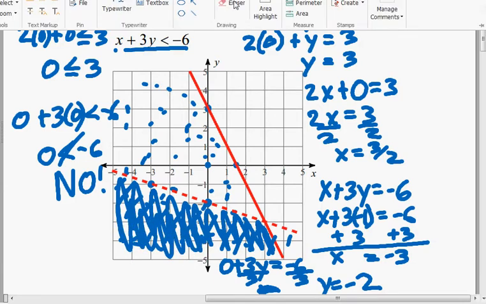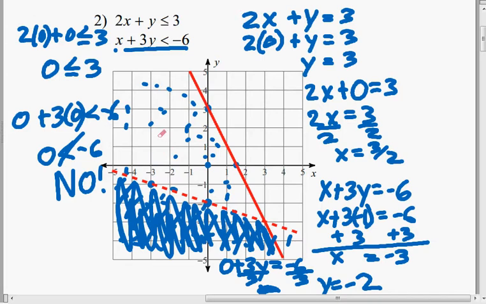So I do not shade this area. Although it's below the solid line, it's not below the dotted line. And this area is below the dotted line, but it's not below the solid line. So in my final answer, I shade the area that's below both lines.